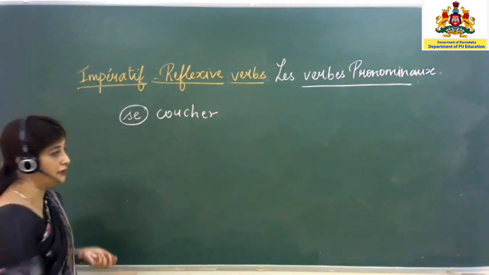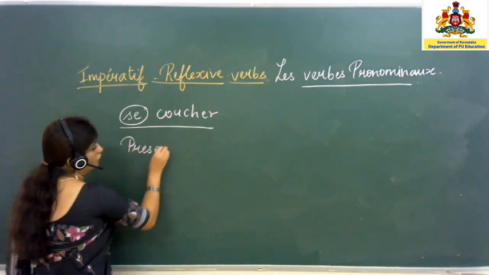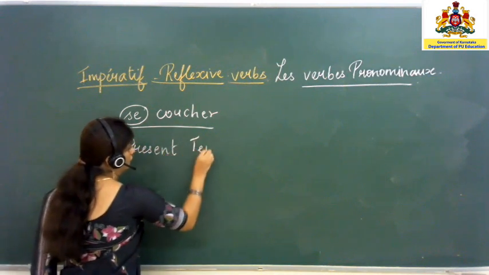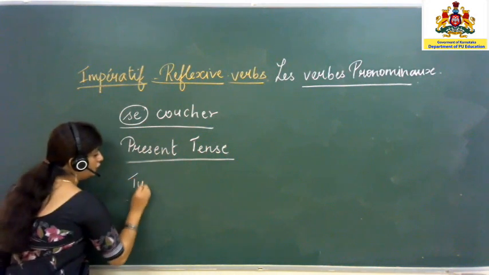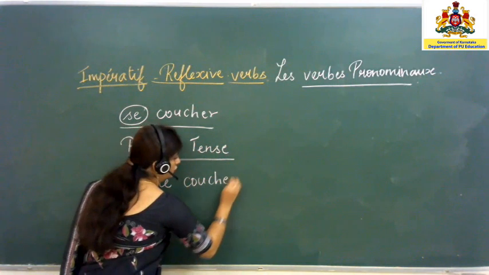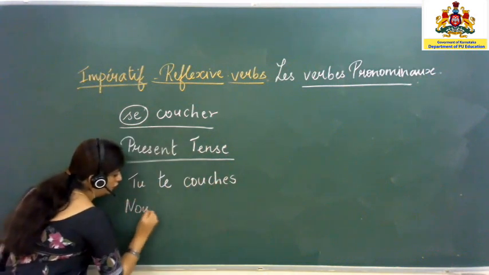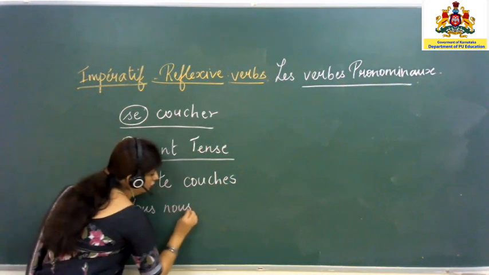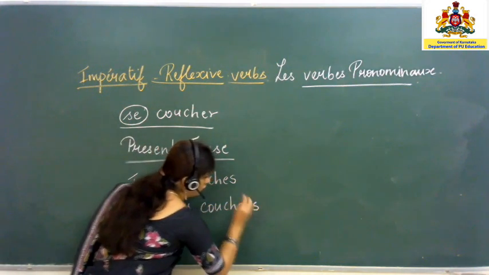So let's see the present tense of this verb in the tu, nous, and vous form. So present tense. Tu te couches. Nous nous couchons.